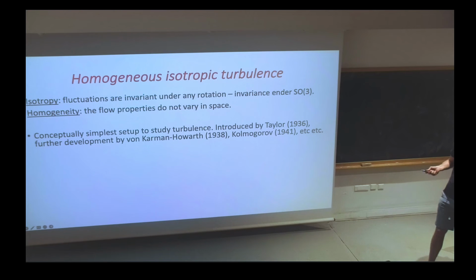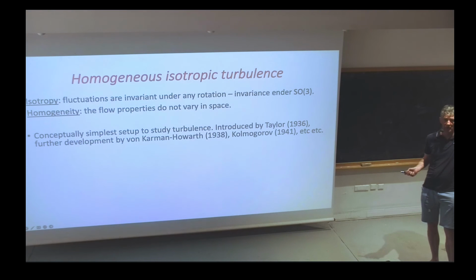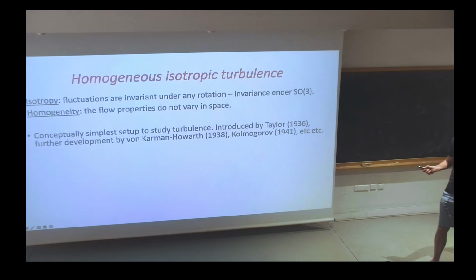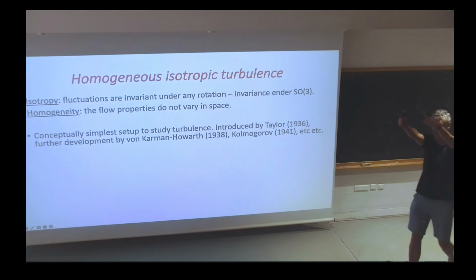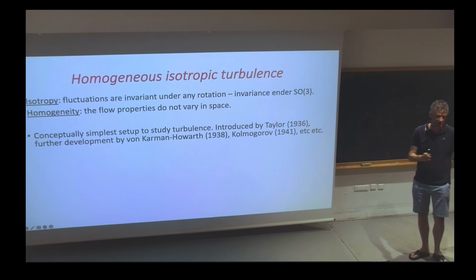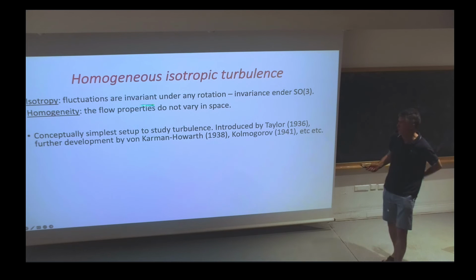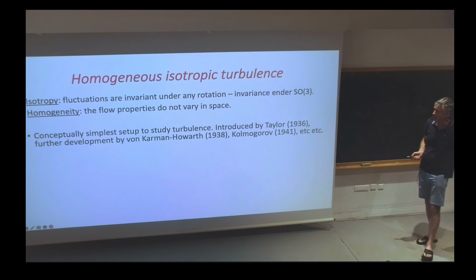In plain English, what it means is that with isotropy, you make the explicit assumption that the fluctuations are invariant under any rotation. So there is some SO(3) symmetry floating around, and whether you're looking at the flow like this or like that makes no difference. So that's isotropy. And homogeneity, as you'd expect, means it doesn't matter whether you're here or here, or sitting at your stage, the flow properties will be the same no matter what.